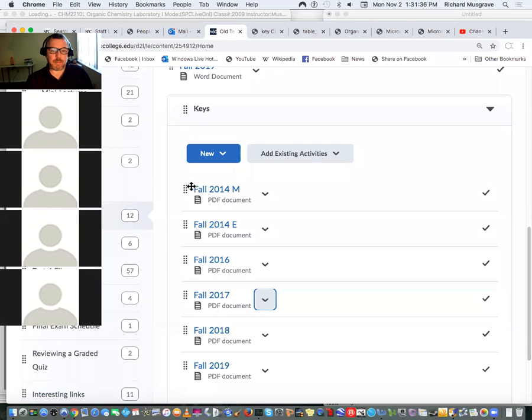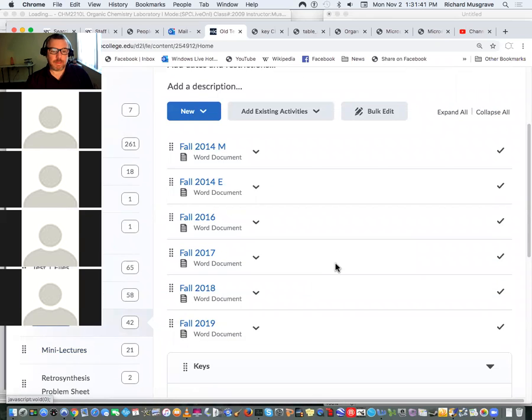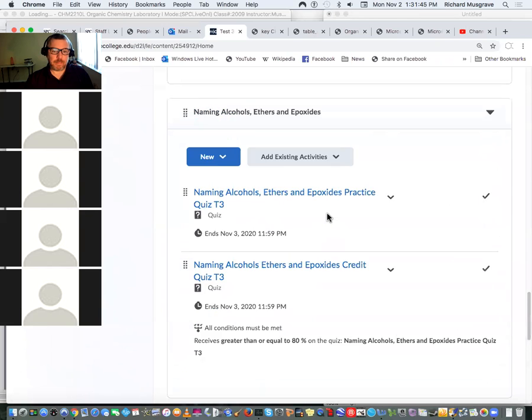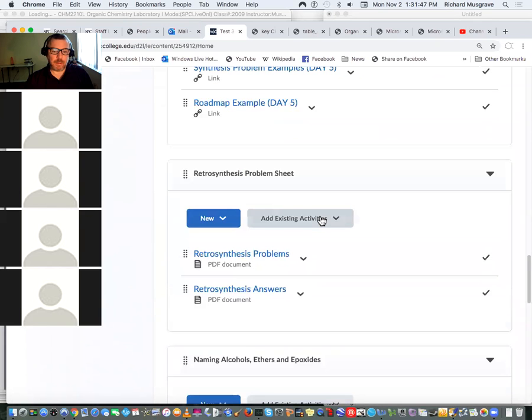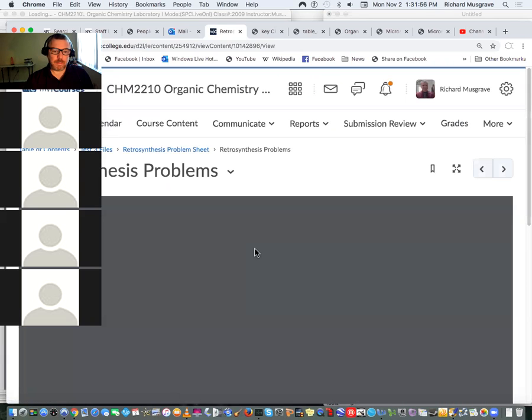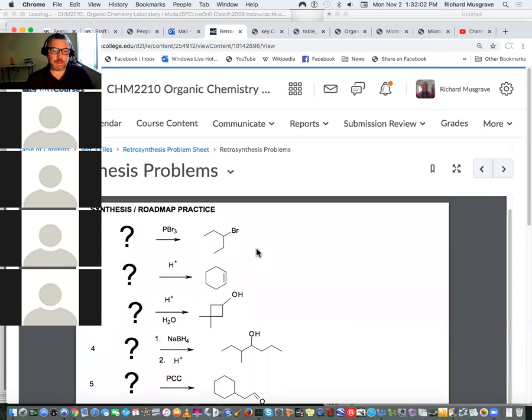Synthesis roadmap worksheet. All right, so this retrosynthesis problems here, this one? I think so. Yes, this one here. Okay, do you remember what number it was?